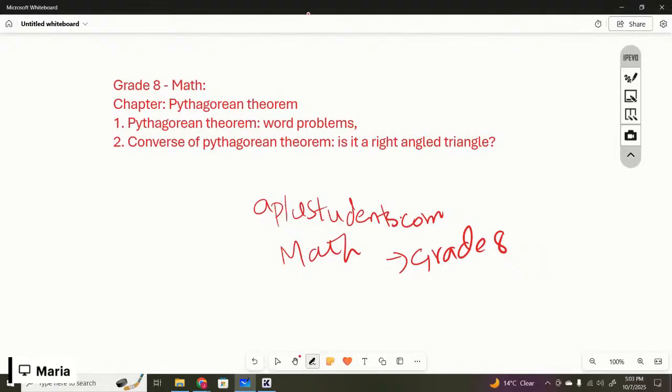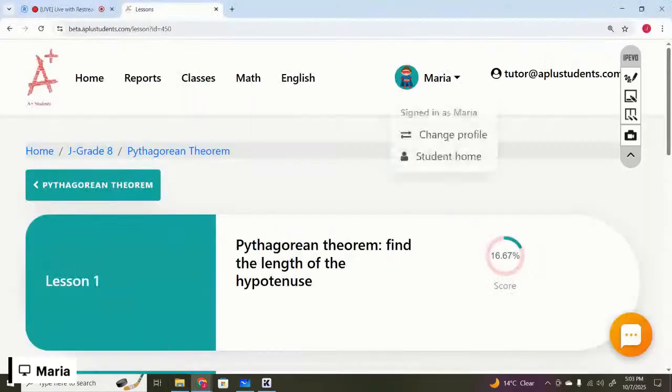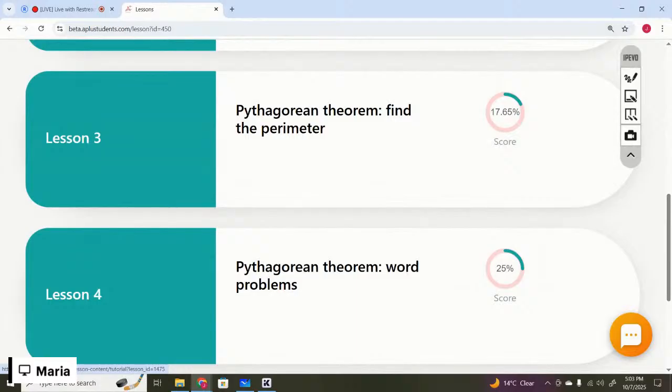So here I'm on grade 8 math. The chapter we're on right now is Pythagorean theorem. Let's just start with the lesson. There's Pythagorean theorem word problems.